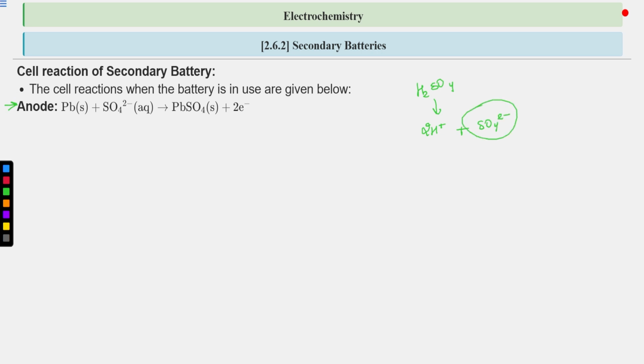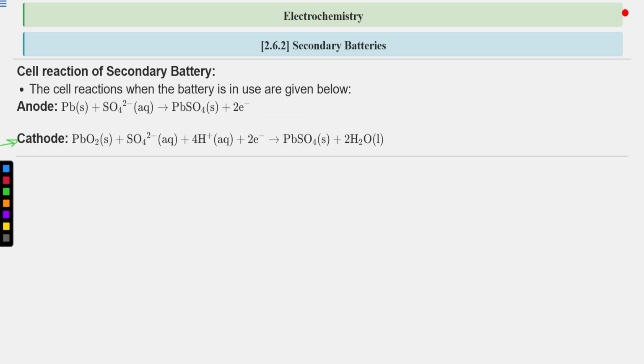These SO4 2 minus ions react with the lead of the anode and form lead sulfate, PbSO4, and 2 electrons. This is an oxidation process, where lead goes from the neutral state to PbSO4, releasing 2 electrons.